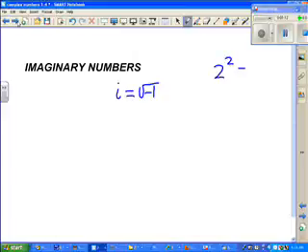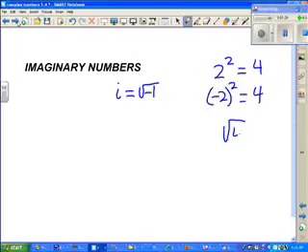Let's say I go positive 2 squared. 2 times 2 is positive 4. Let's say I go -2 squared. I get positive 4. So the square root of 4 is either plus or minus 2.